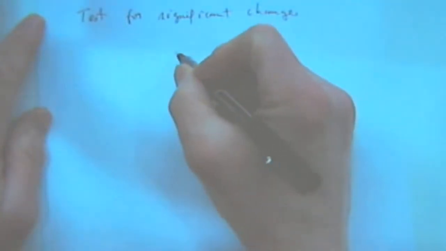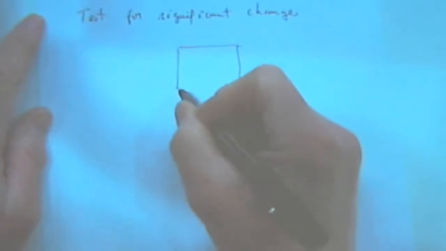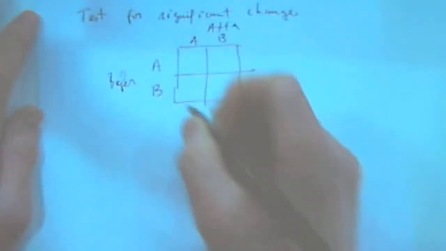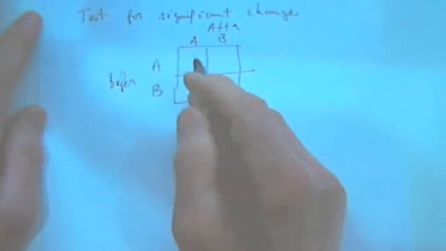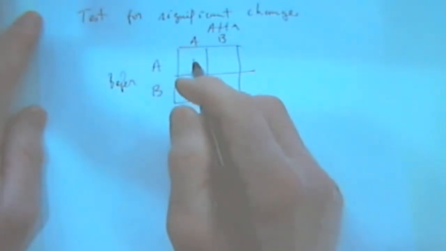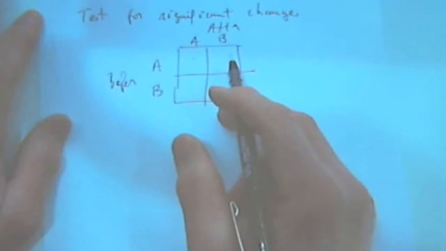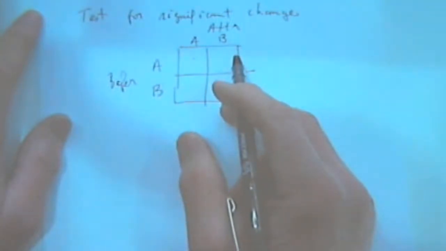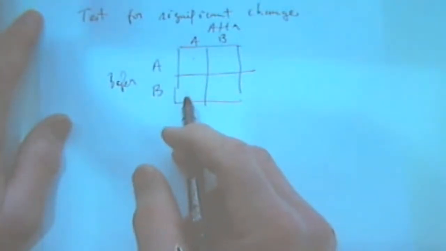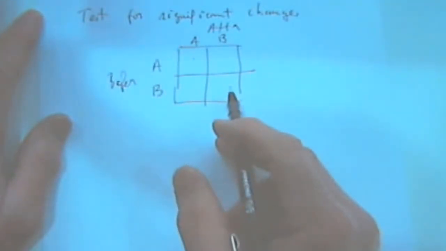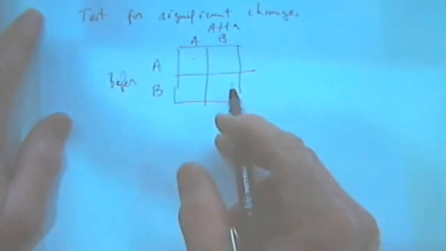Well, certainly you would put this into a contingency table. This would be after, and this would be before. If a person liked A before and still liked A, he'd be in this category. If he liked A but then switched to B, he'd be in this category. If he liked B and switched to A, this category. And if he's stuck on B, this category.